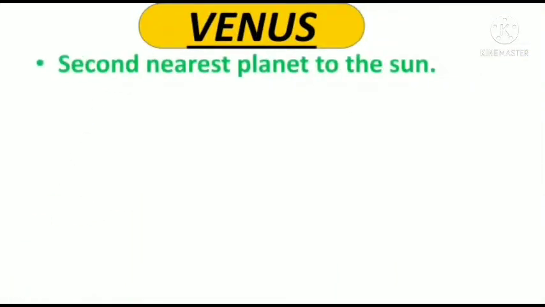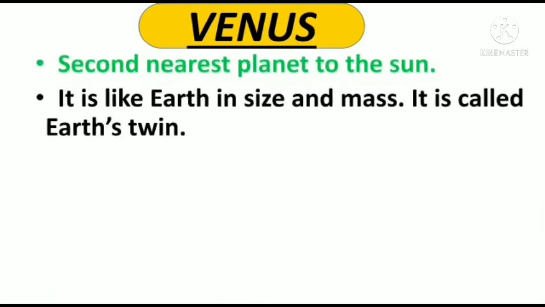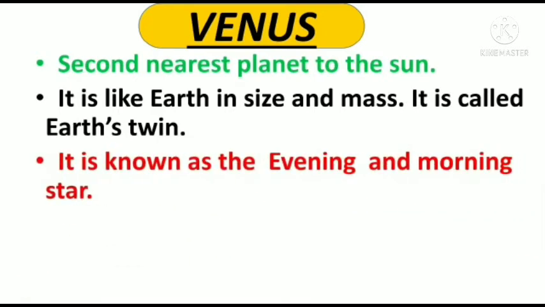The second is Venus. Venus is the second nearest planet to the sun, and it is like Earth in size and mass. It is called Earth's twin. The very important thing is that Venus is known as Earth's twin. It is known as the evening and morning star.